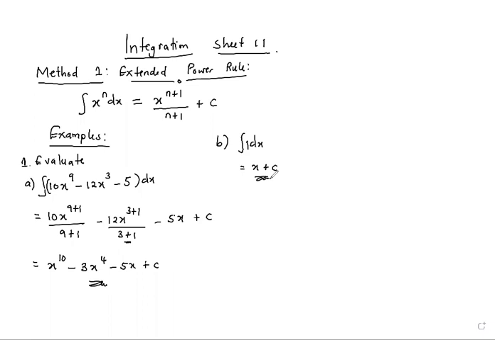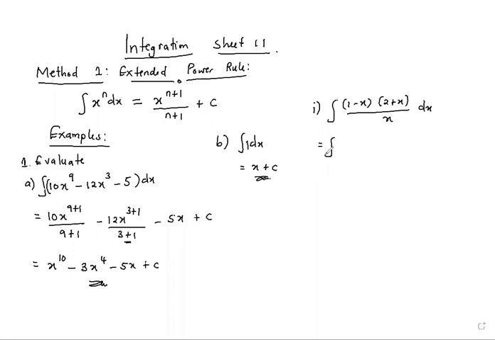Okay. What about I? The integral of 1 minus x multiplied by 2 plus x, and then divided by x, dx. So in this setup, we don't have the product rule, we don't have the quotient rule. So what do we do?